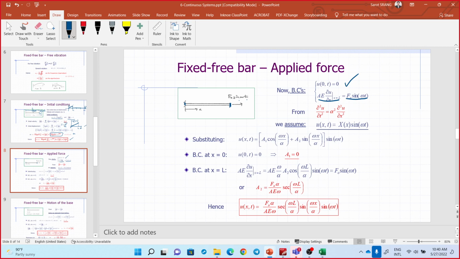So from the boundary condition at h equal to 0, again we got a1 equal to 0. And using the boundary condition at this point, we get a2 equal to this.